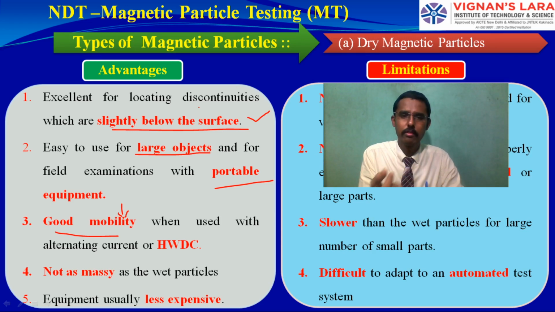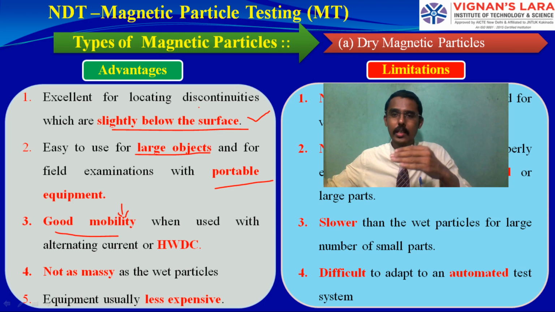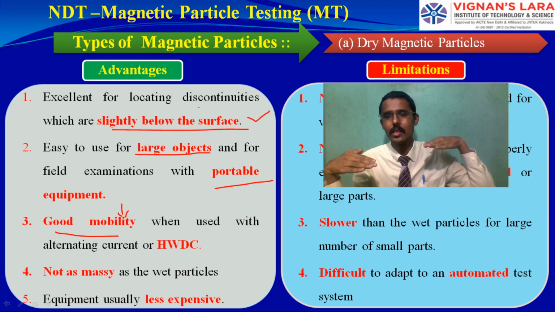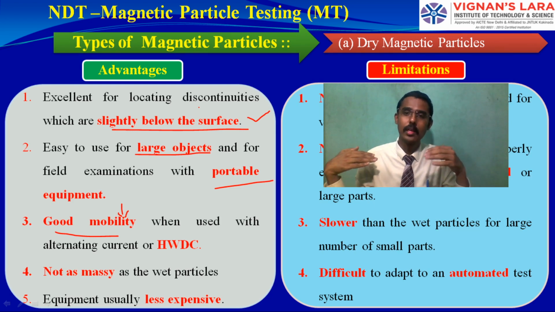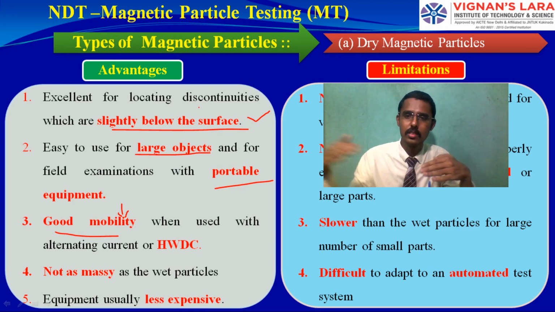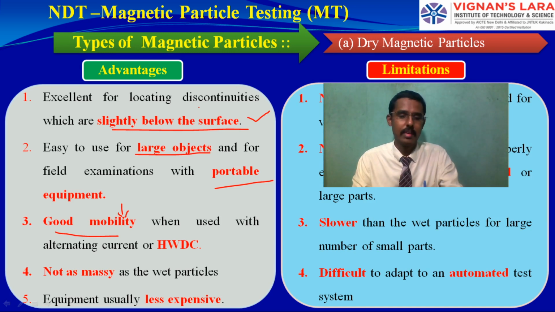Maybe half wave direct current also we are using, because when we use half wave rectified AC current, it equals the DC, because DC current goes straight without interruptions. But AC has sinusoidal cycles. Therefore, we use rectifiers and filters to make it straight, equal to DC.